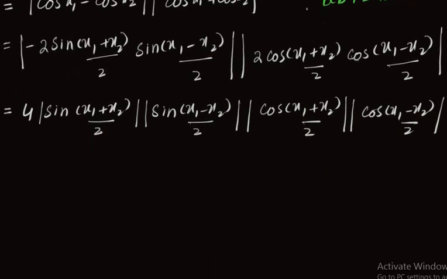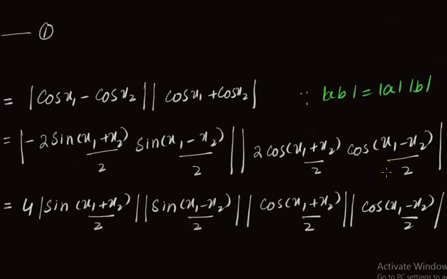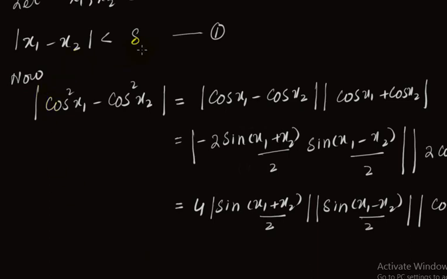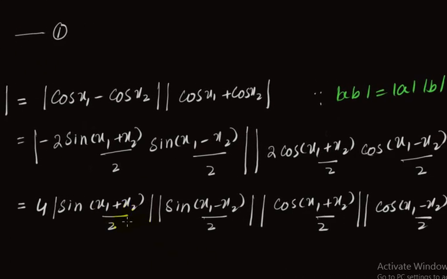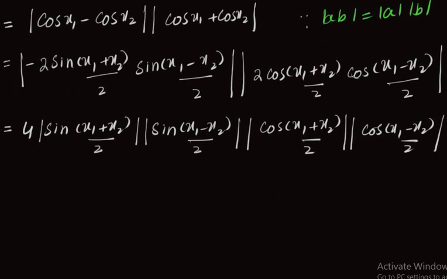Now students, we have some other relations, as we need to establish a relation between delta and epsilon, and we know that mod of x1 minus x2 is less than delta. For this we need a term in which x1 minus x2 appears as a factor. Now we have different relations for trigonometric functions.